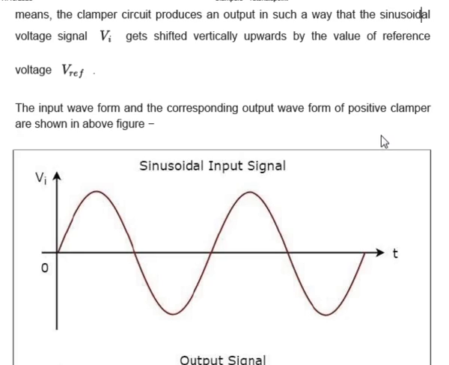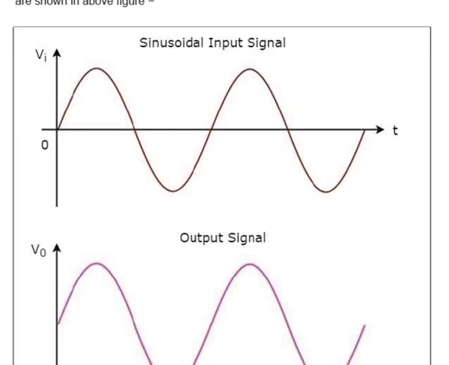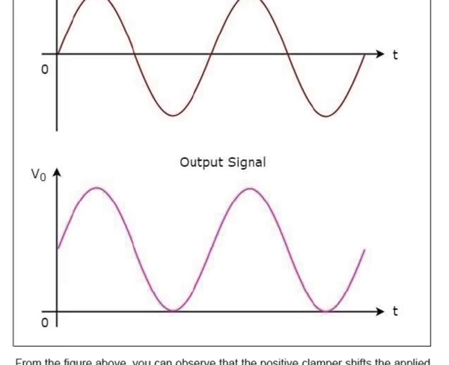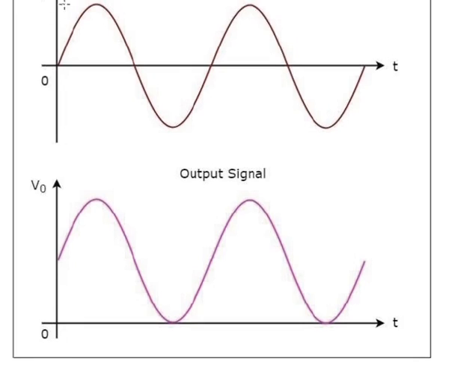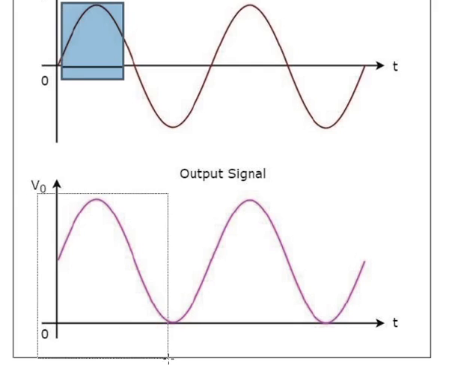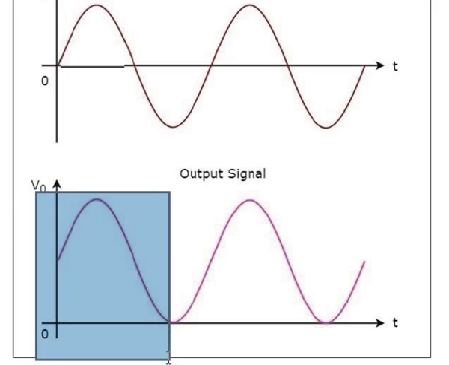The input waveform and the corresponding output waveform for a positive clamper circuit is shown here. In this diagram you can clearly see that the input signal is applied and here it is clamped. So this is the positive clamper circuit.